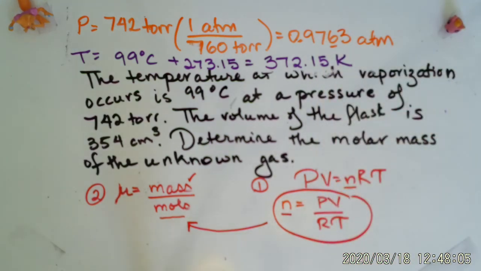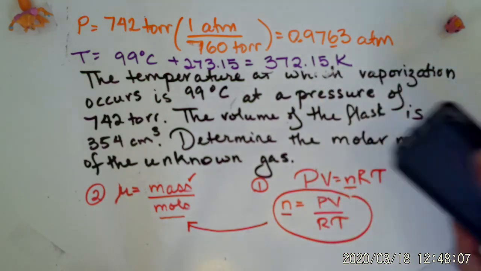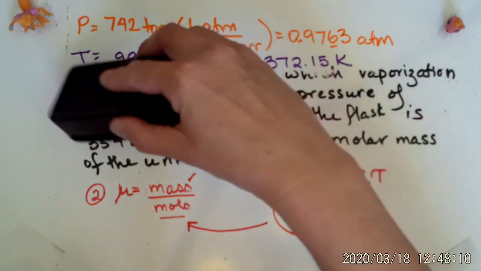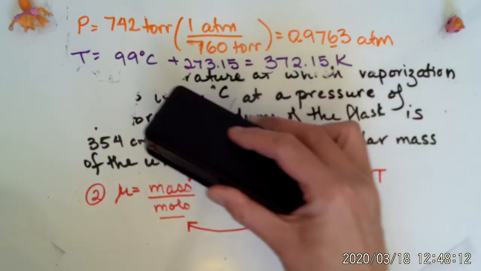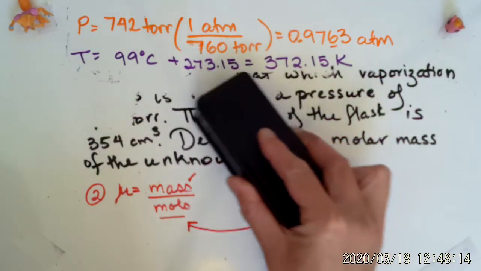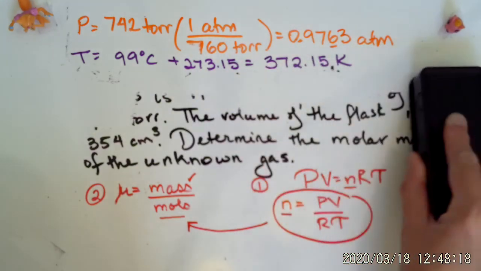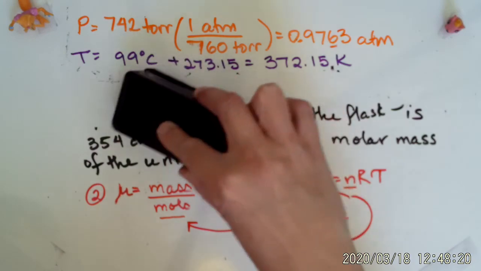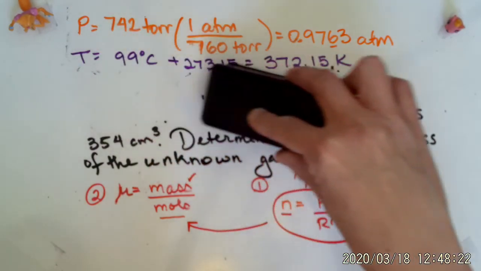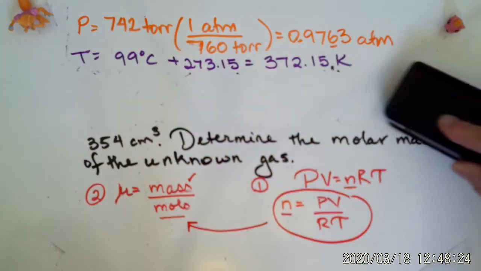Okay, so we took care of pressure and temperature. Now, let's take care of volume. The volume is 354 cubic centimeters.